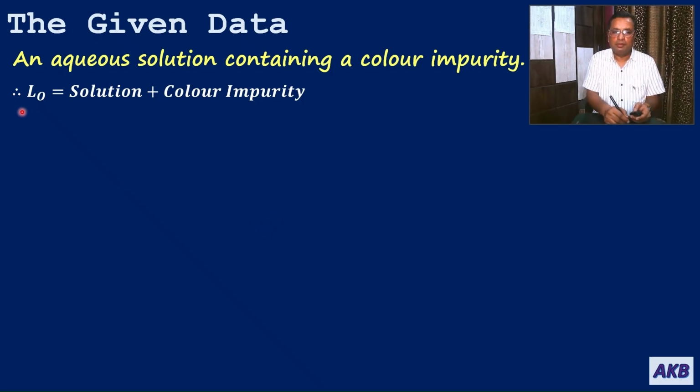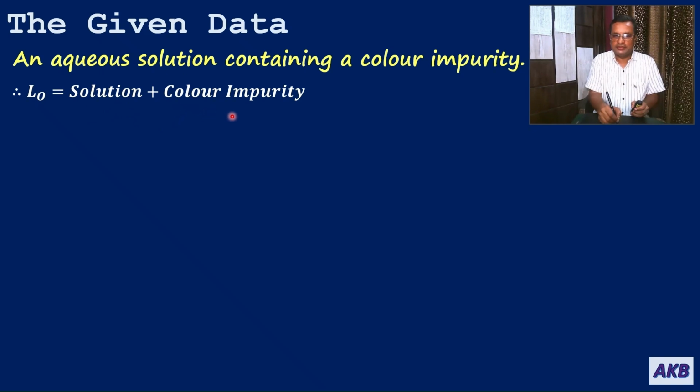Therefore, the total quantity of feed that we are going to handle is solution plus color impurity. Then as per our notation, L0, that is the quantity of feed that enters the operation, is the amount of the aqueous solution plus the color impurity.